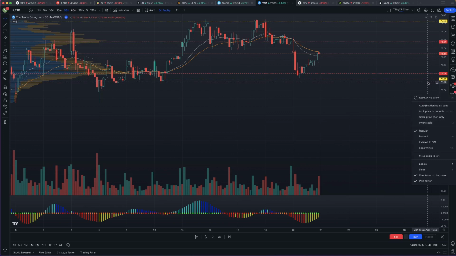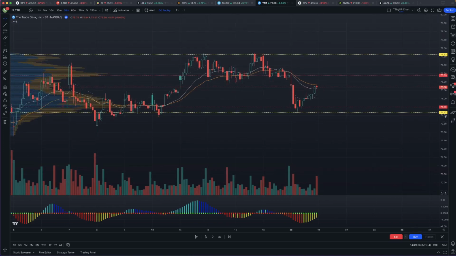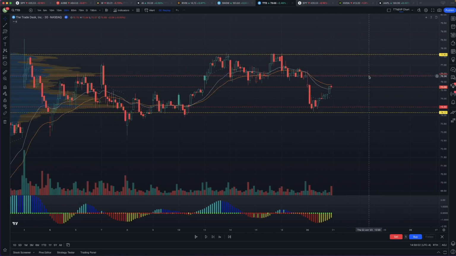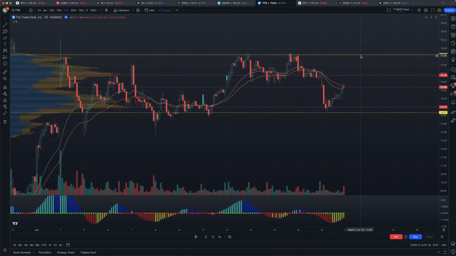And so I got into this on Monday, and I rode it back up into the point of control level. So at the time, I didn't think we were going to do a full move to the top end and push through.